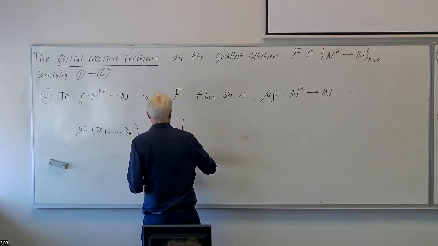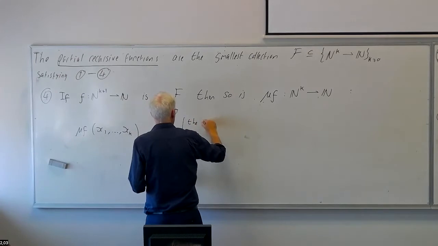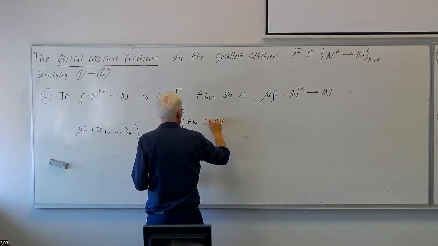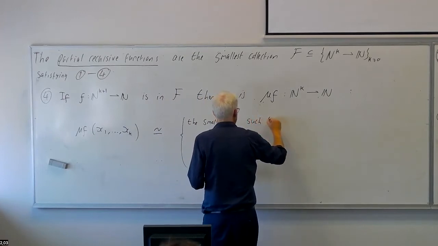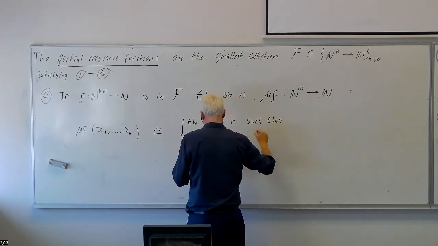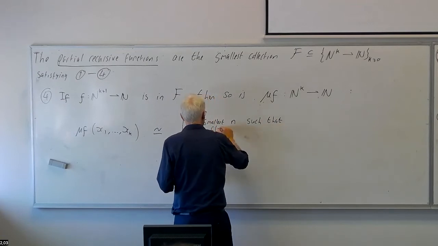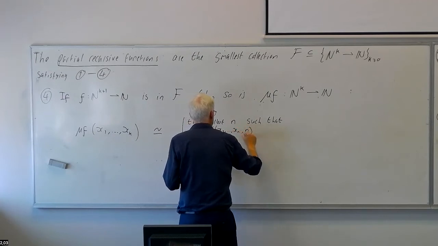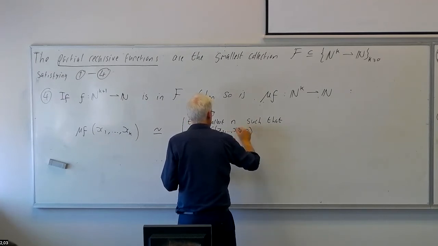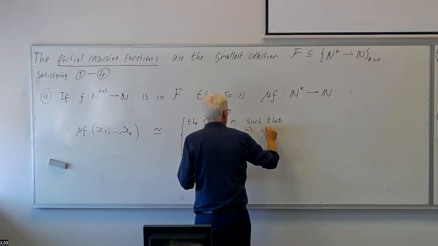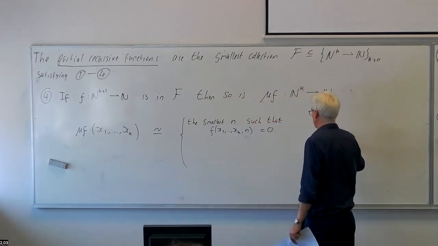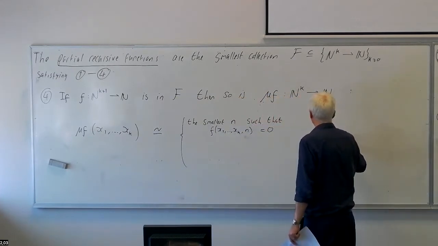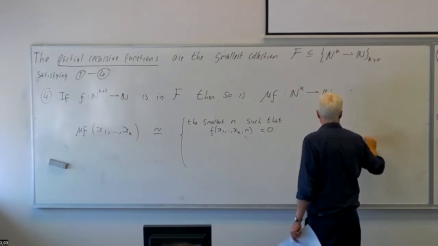So what it returns here is the smallest n such that f applied to x1 through to xk, together with n, is 0, if such an n exists.